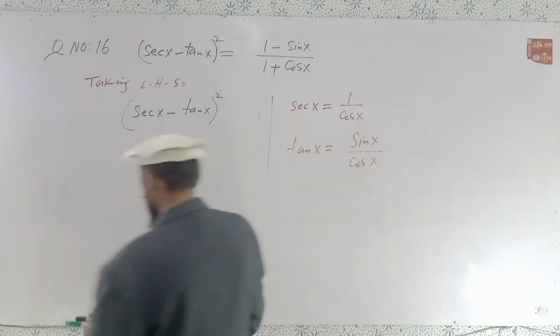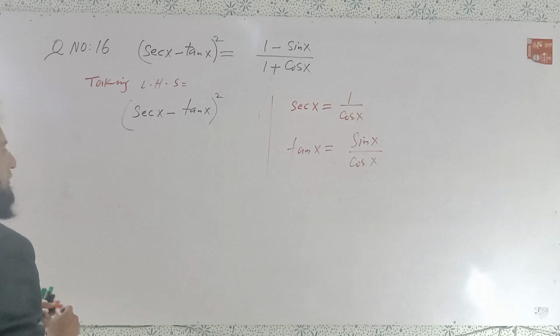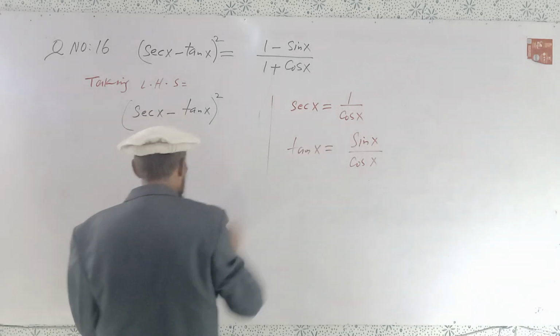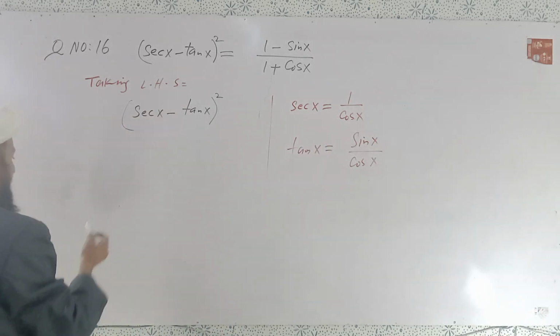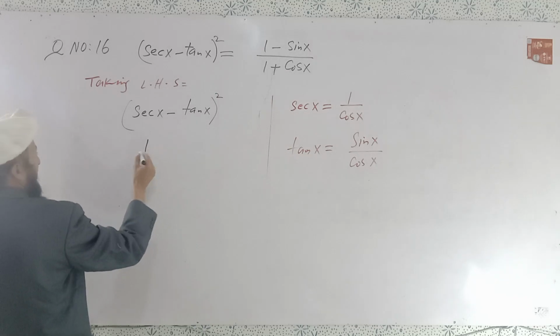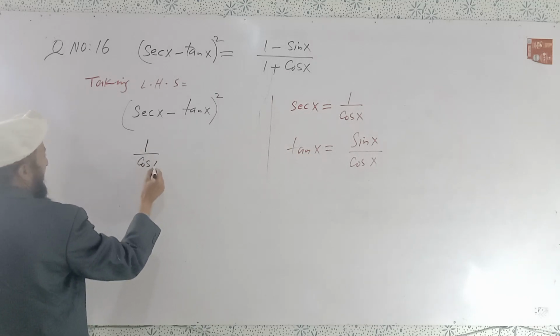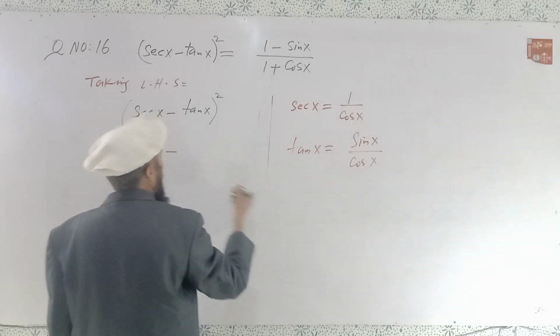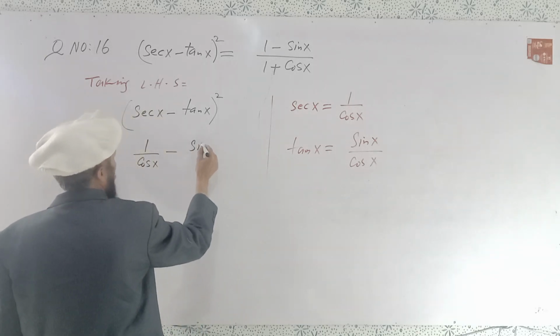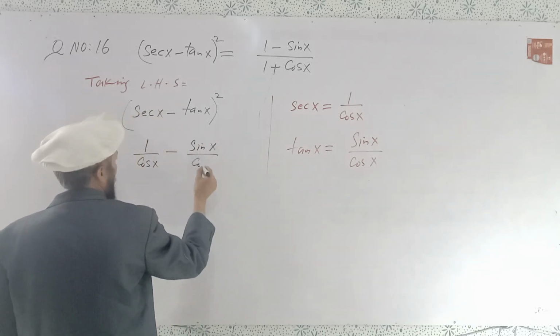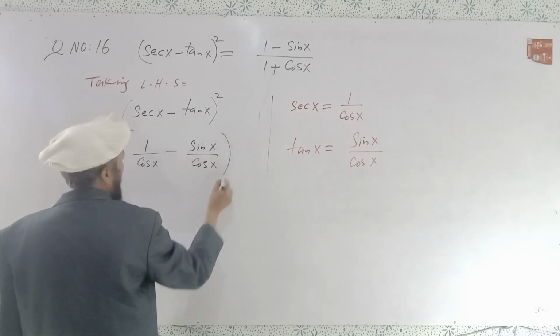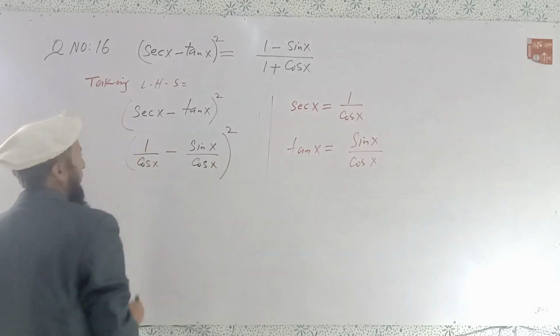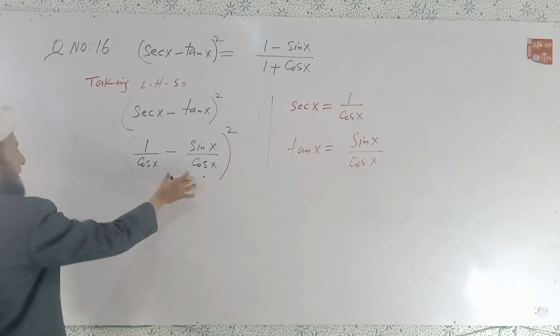In place of secant x, we put this result 1 by cos x, and in place of tangent x, we put sin x over cos x, whole square. Now taking LCM.